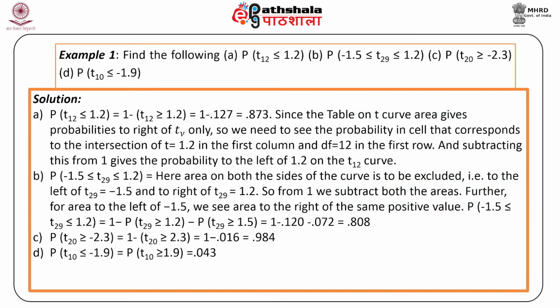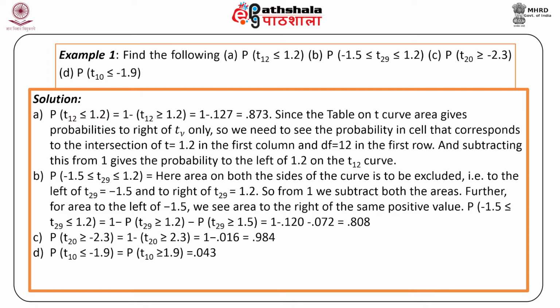Let us take some examples to understand this concept and the use of these T tables. So the example which we are saying is, please find the following, which means find out the following probabilities. A, probability that T12 is less than or equal to 1.2.